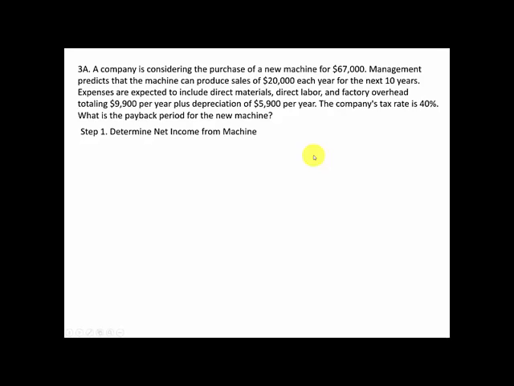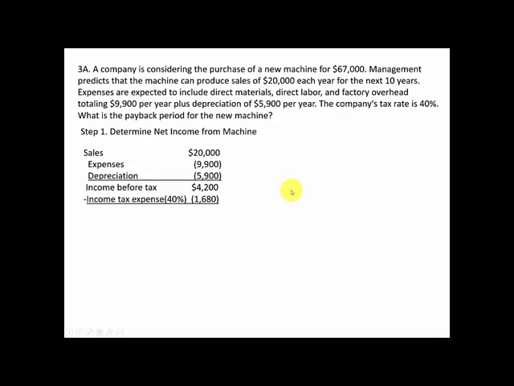So let's do that. Determine net income from the machine. It'll be the sales minus expenses minus depreciation to give you income before taxes of $4,200. Like I said, we've got to turn all this into some kind of a cash flow instead of income. So we've got income taxes also. We subtract off $1,680, and we'll end up with a net income of $2,520.